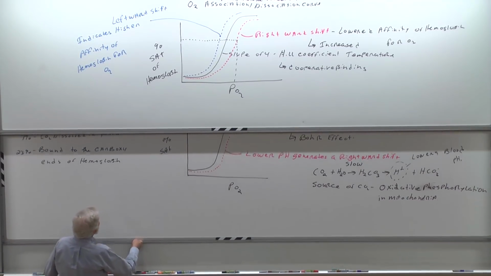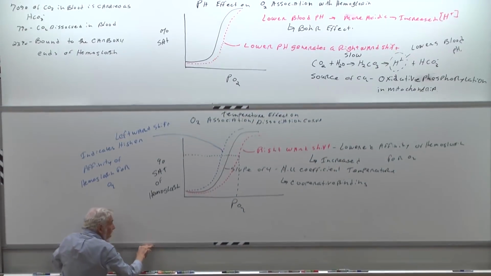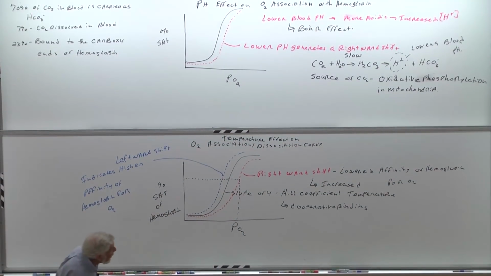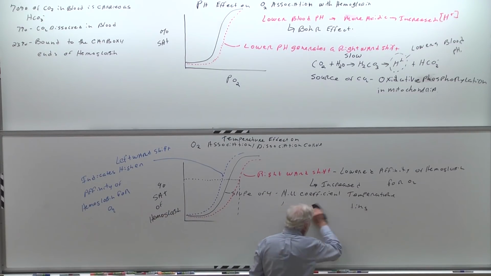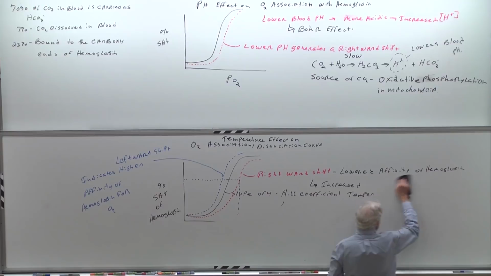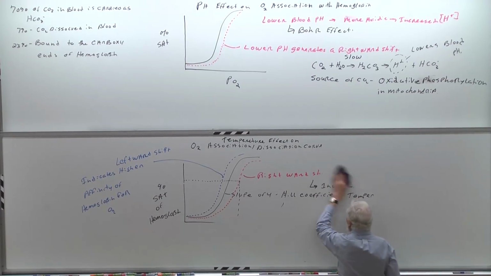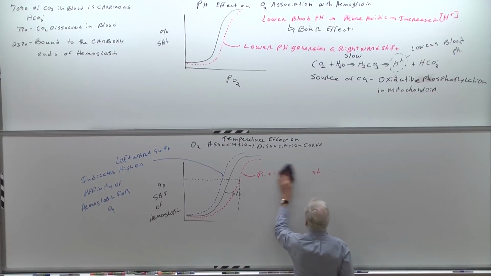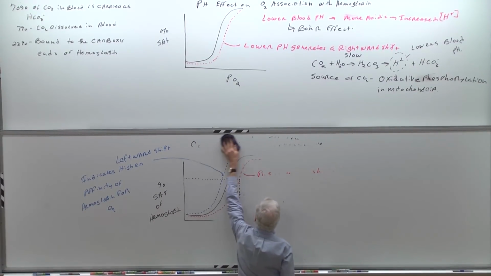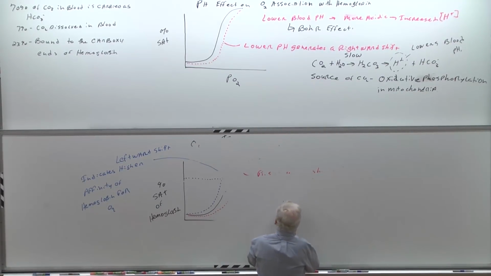So now let's go back up to the upper panel and redraw the schematic diagram of the alveolus. And think about what's happening in the alveolus. So we can put some numbers to this.